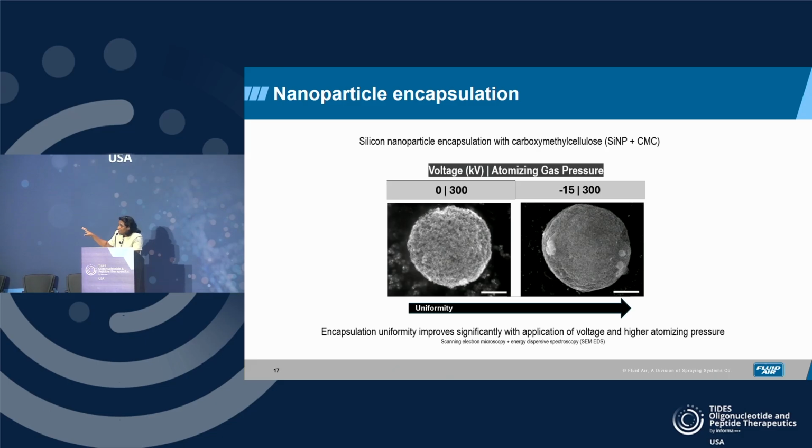Now, this is a surrogate that we have used to demonstrate this, but if you take this knowledge and translate it to a complex formulation, for example, an LNP formulation, you are using a lipid nanoparticle that is ionizable in a polar solvent, and you have a stabilizer that is a nonpolar sugar. So you're drying it, you're pulling the polar solvent out, so you're pushing the ionizable lipid inside.